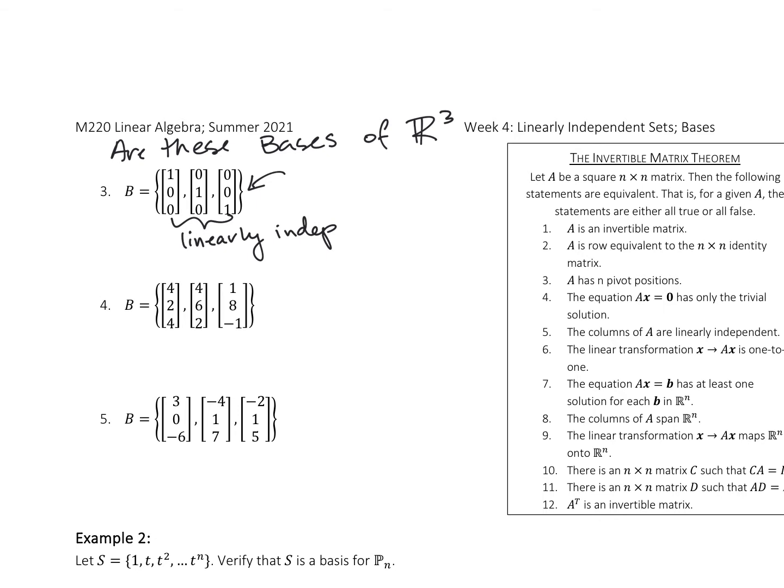And so if I augment that, or if I let this be Ax = 0, hopefully you can very easily see that this only has the trivial solution, which means that they are linearly independent.